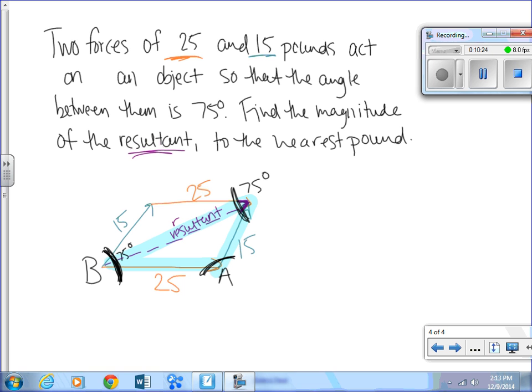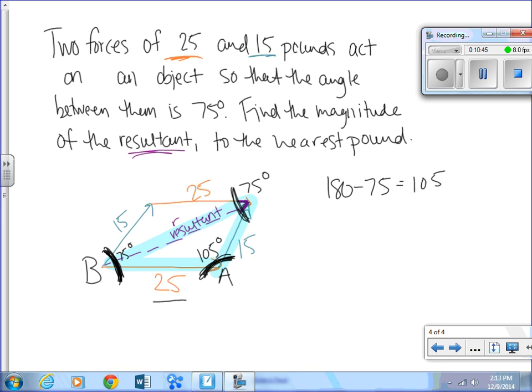So angles that are next to each other in a parallelogram add up to 180. So I know that angle A has to be 180 minus 75, which gives me 105. So this angle in here has to be 105 degrees.